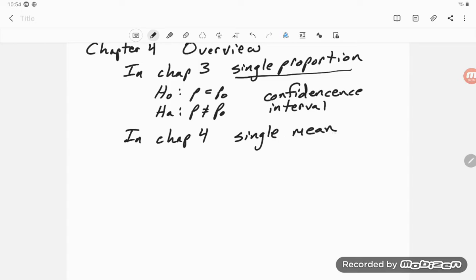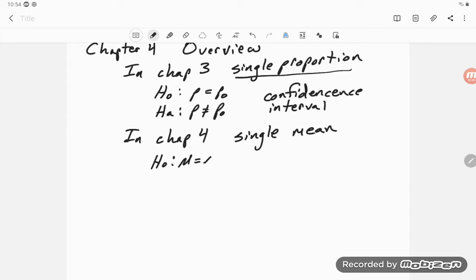Okay, so proportions really are averages, but generally speaking, averages are broader than just proportions. So in chapter 4, they start with a single mean and a very similar set of hypothesis test and confidence interval.